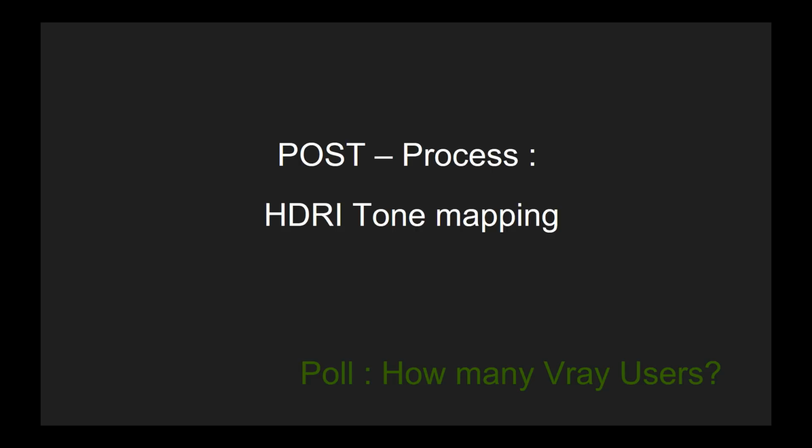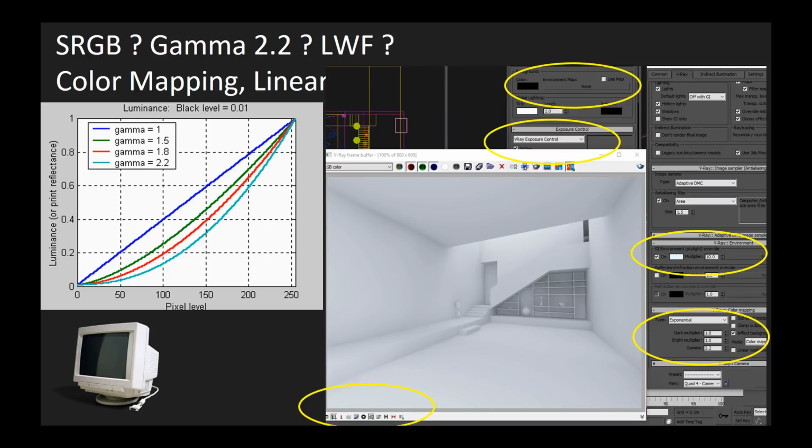Because if you are, I'd like to address some concepts that we are familiar with, which are this stuff. It's sRGB, Gamma 2.2, linear workflow, color mapping, blah blah blah, exponential, Reinhardt, all this stuff.